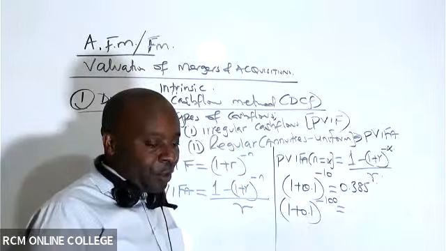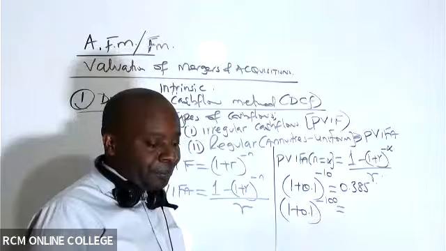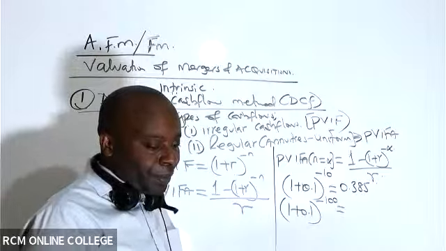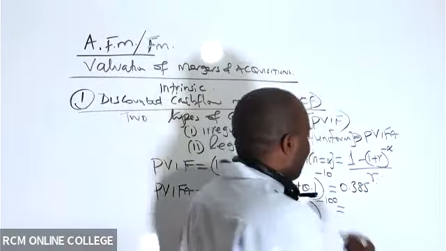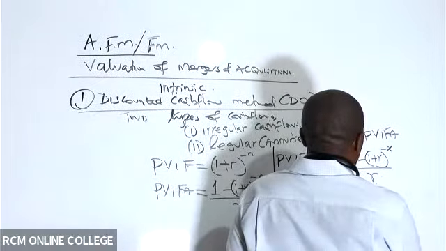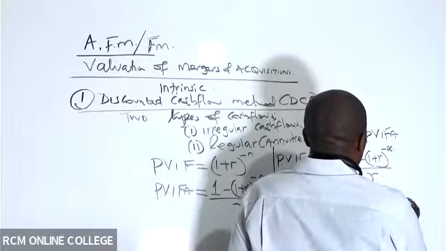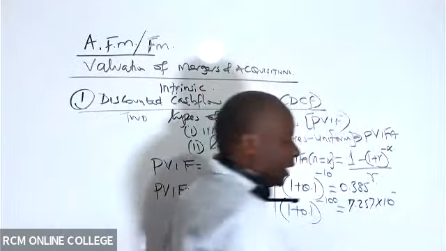What figure are we going to get here? So in this case, this will be 7.257 times 10 raised to negative what here?